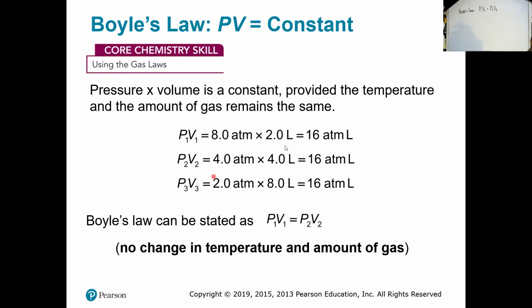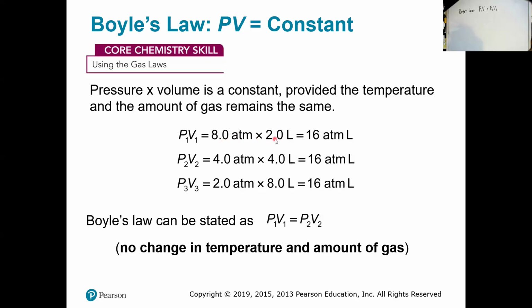So you can see here, in this case that they're giving us, they're showing us one sample of gas, but they're changing the volume in each scenario. So say that you have a setup similar to what we were just looking at before. If we have 2 liters of that gas at a standard temperature and pressure, then our pressure is going to be 8 atmospheres.